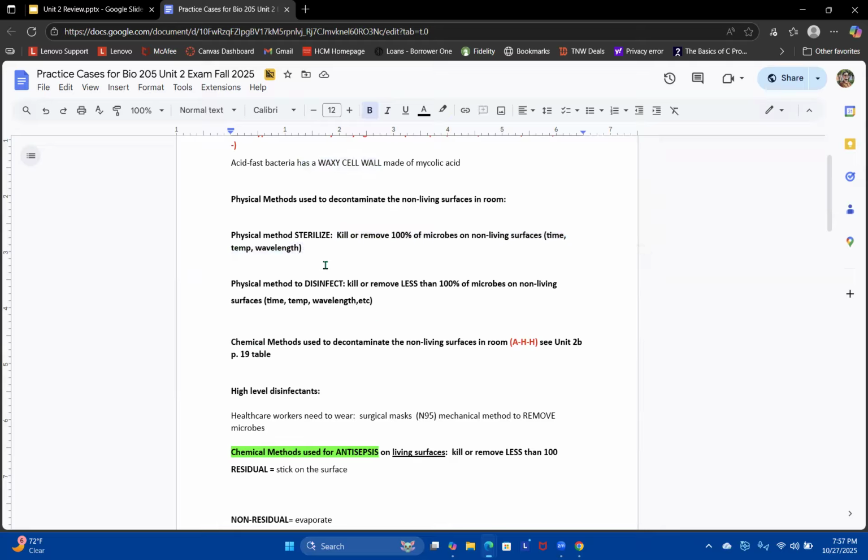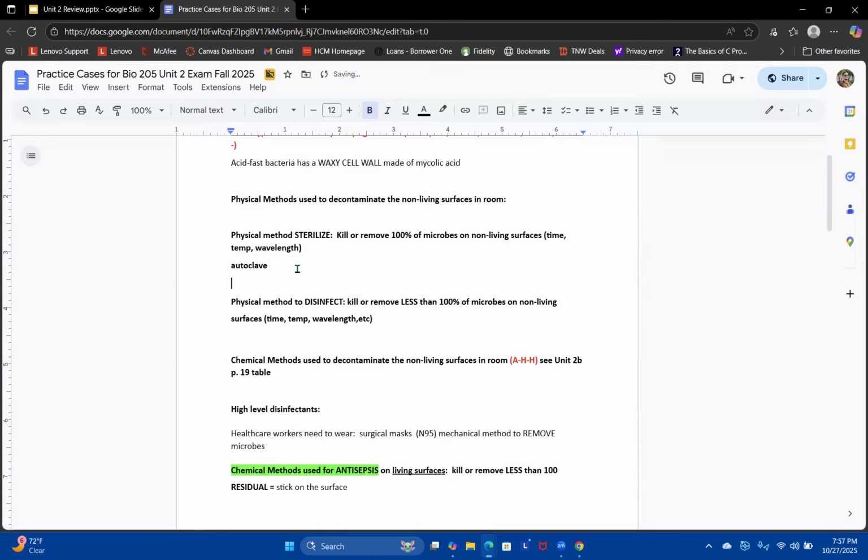Again, you're going to type in things like, I can autoclave, or I can do UVC, something like that. Feel free to type on this because it's more for you to practice writing this stuff down. The more answers you put on here, the better, because you can then study this. And when the exam happens, we're not going to ask you for all of them. We're going to ask you for 1 example, 2 examples, 3 examples, that kind of thing.